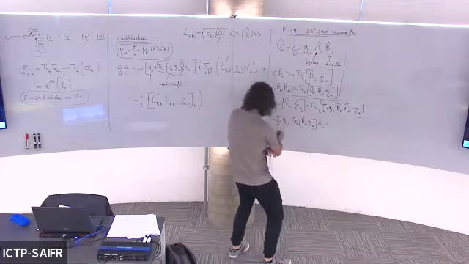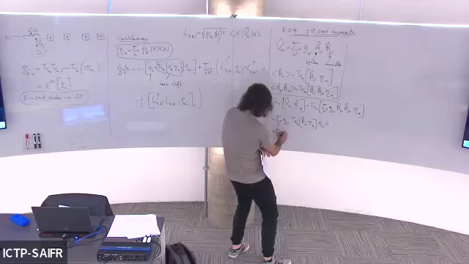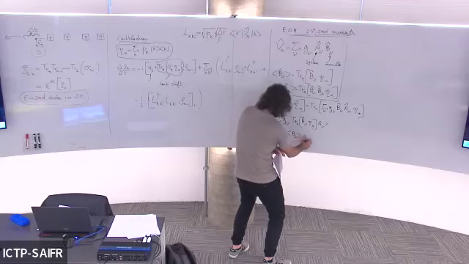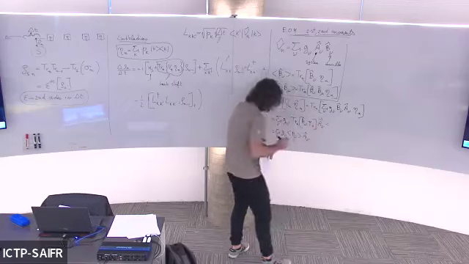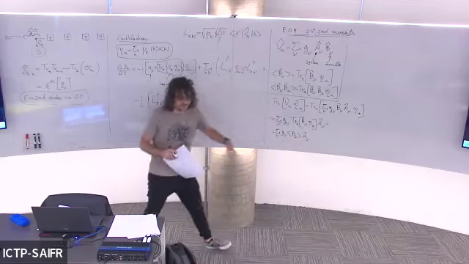So all in all, this becomes summation over mu of G_mu, B_mu, A_mu. So for this term, the first moment is enough.